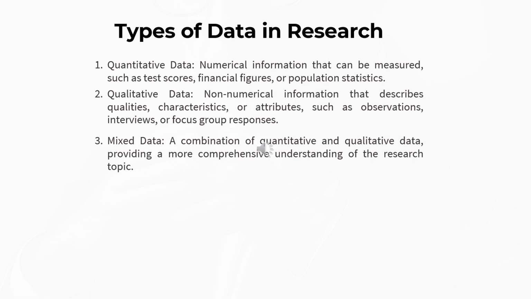For example, in a study exploring the effectiveness of a teaching method, quantitative data might include the test scores, while the qualitative data could capture the students' perceptions and experiences. By integrating both types of data, researchers basically gain a holistic perspective that can triangulate their findings for greater validity.